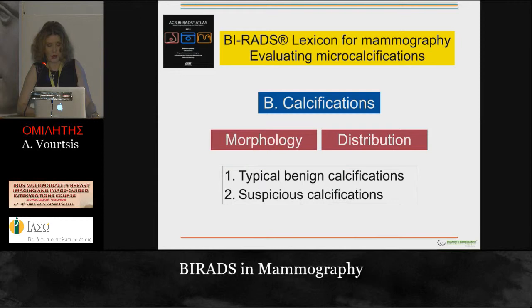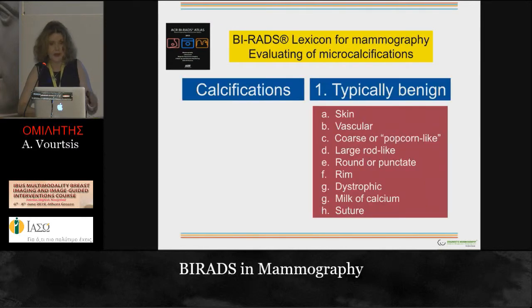Now, the other term we'll speak about is calcifications. Calcifications are very important because it is a finding that is very frequently visualized on mammography, and it's important to be able to distinguish benign from malignant in order to reduce our false positive rate. On mammography, calcifications might be just typical benign that do not need any further evaluation.